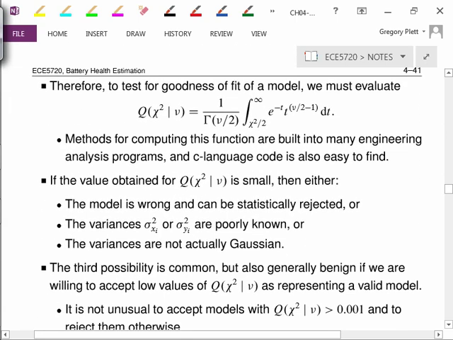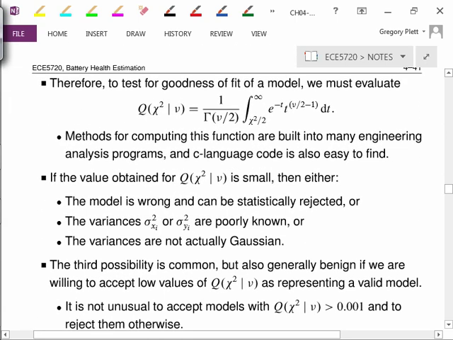So what we're going to have to do for a goodness of fit test is to evaluate this complementary incomplete gamma function q, and we look up in our Prob and Stats textbook what that function looks like, and here it is. It's 1 divided by the gamma function evaluated at nu over 2. Nu, here the Greek letter nu, is the number of degrees of freedom. And you say, okay, what's the incomplete gamma function?